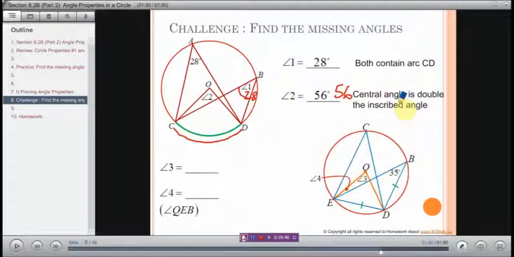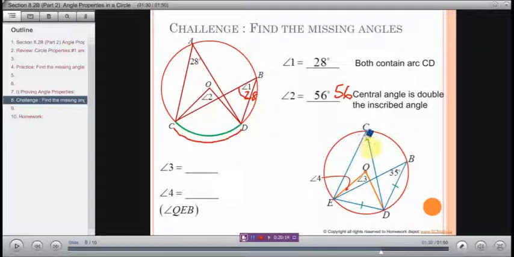for this one here, we have a couple of the circle properties happening together. Chord ED in it has this 35-degree angle. Well, what else does chord ED have? It also has this angle here. So that is 35.